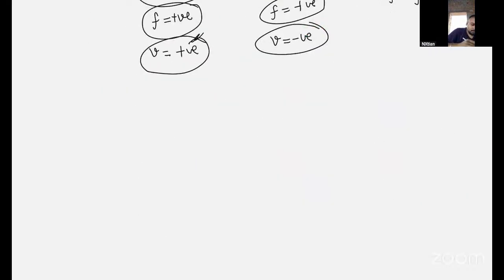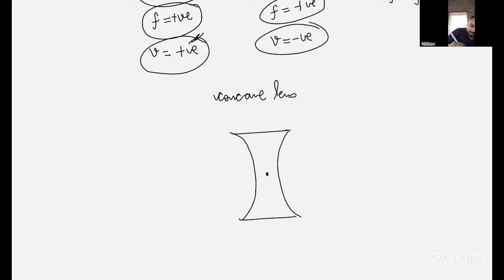Now, if I talk about the concave lens, this is the concave lens, this is the optical center. A line passing through the optical center is called the principal axis.